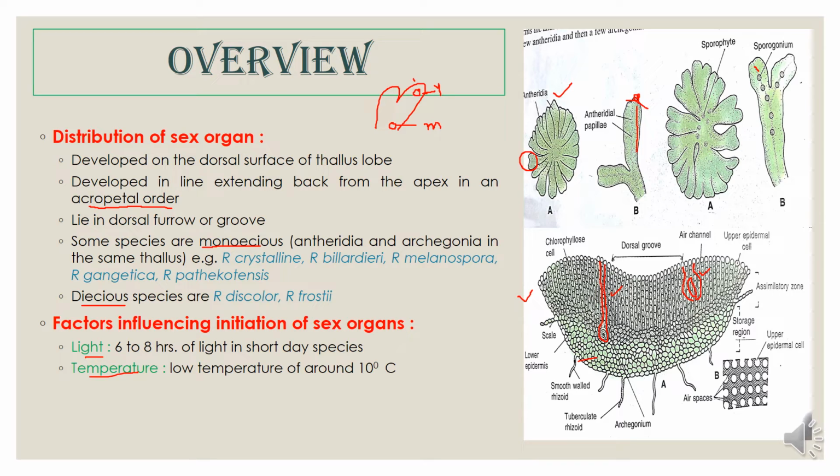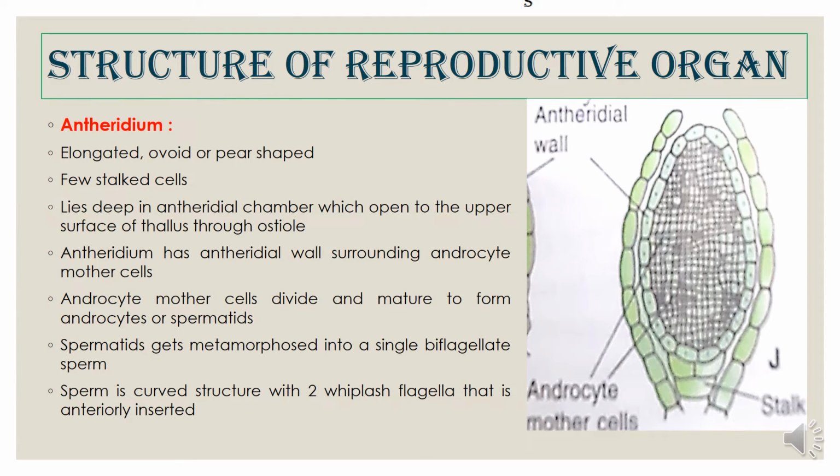The ostiole is not open in case of the female sexual organ, but in case of the male it is. This is the antheridial chamber, the male reproductive structure, the antheridium.